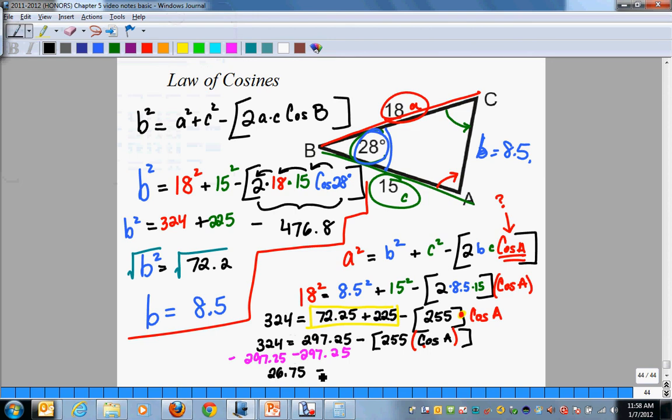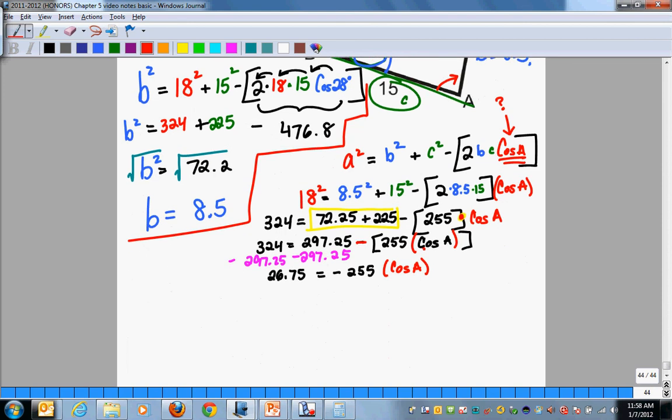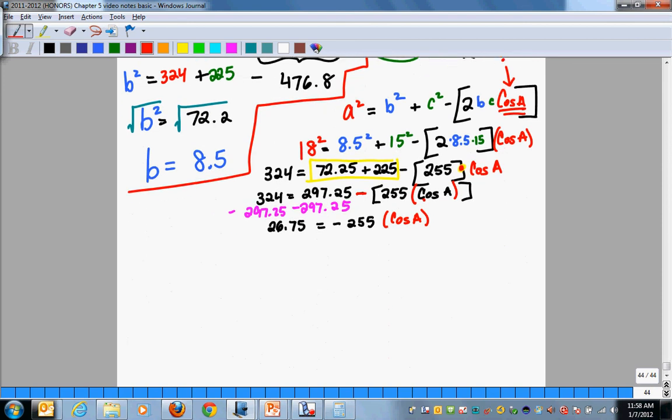26.75, and that's going to equal negative 255, because there was a minus sign there, times cosine of angle A. We're going to divide both sides by negative 255. Why are we dividing? Because that's the opposite of multiplying.